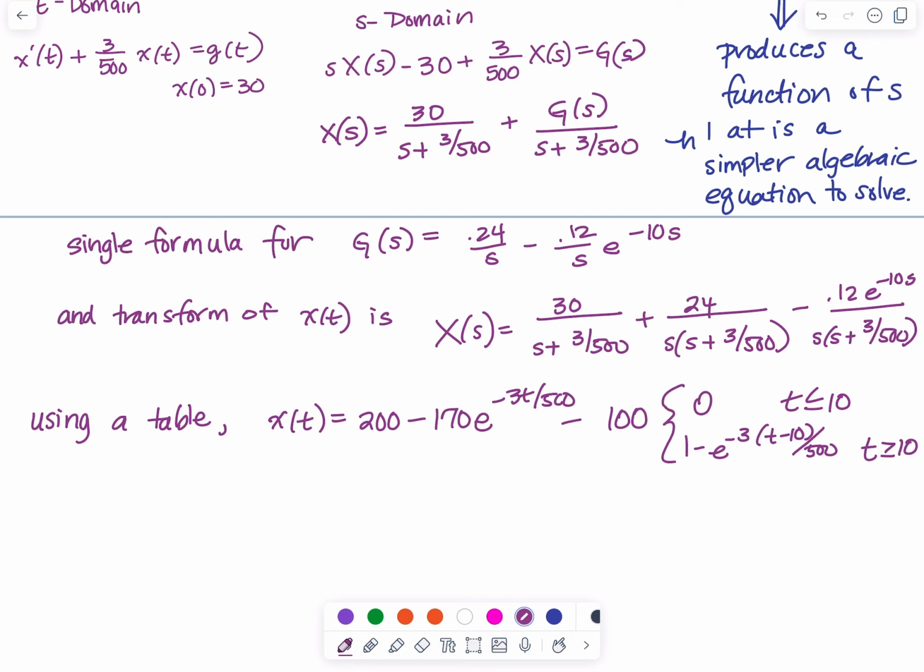We could use either. I'm just going to go ahead and put less than 10 and greater than or equal to 10.